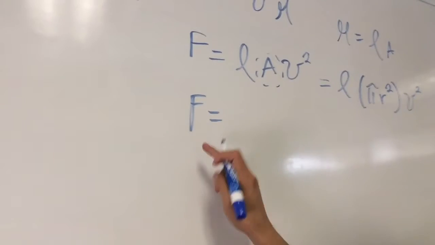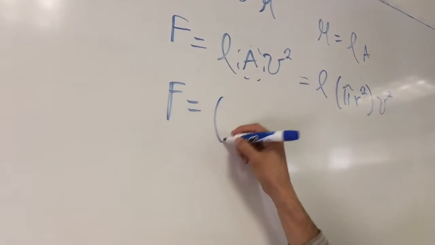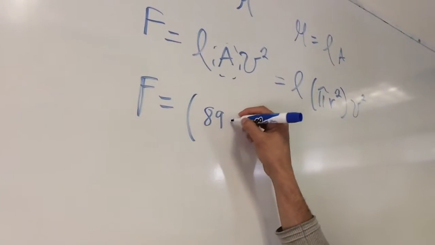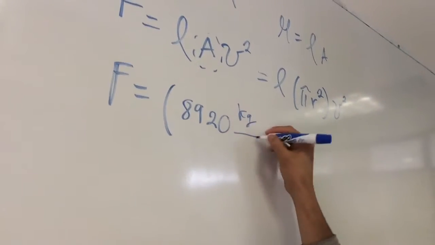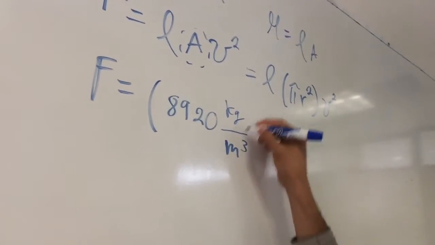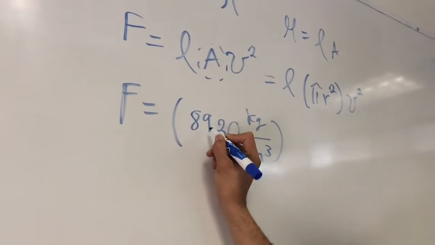The force, that is the tension, will be equal to the density of the copper, which is given in grams per cubic centimeter, but here I'm writing it in kilograms per cubic meter, so that's why we converted.